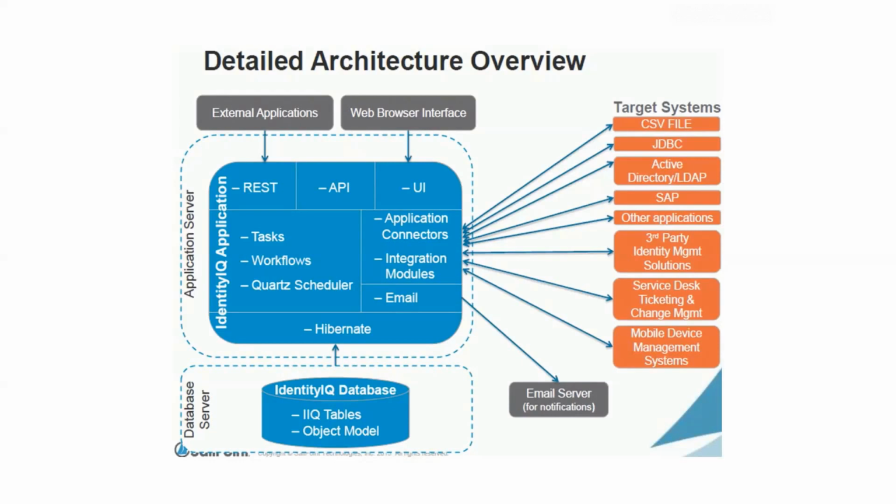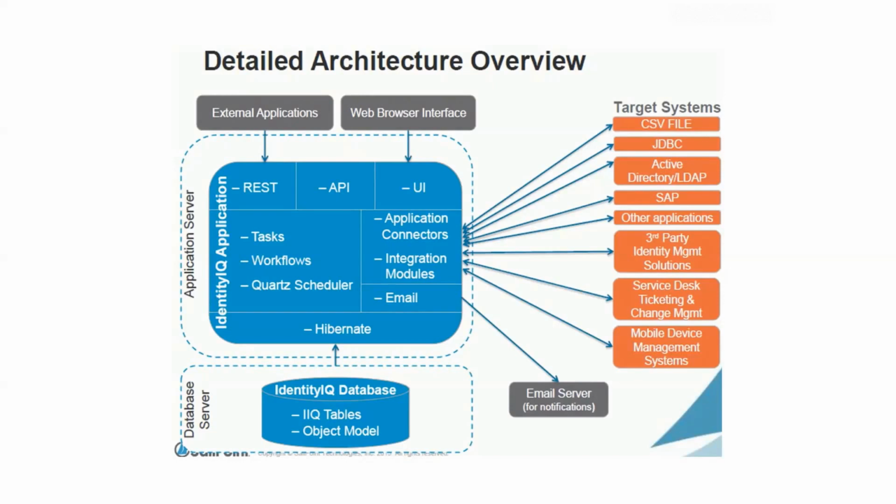Once SailPoint is installed, the application will have a URL where you can see the home page, which takes you to the application from the UI perspective. SailPoint also has task workflows and a scheduler, which help to manage the data, the lifecycle events, and schedule many things inside SailPoint.